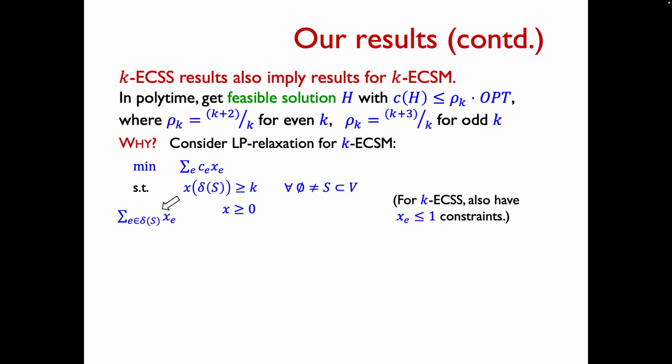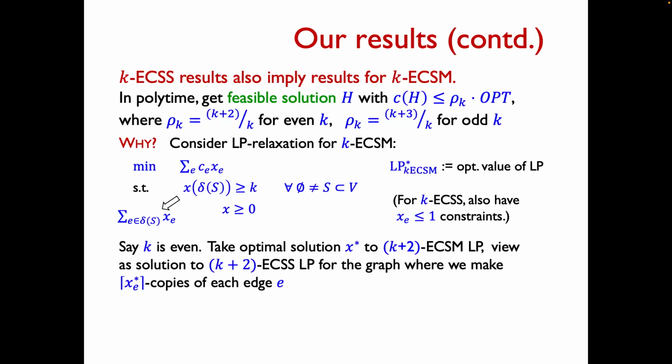Basically, you can write down the LP relaxation for the k-edge connected spanning multigraph problem. I have a variable x_e that tells me how many copies of an edge we are picking. I am allowed to pick an arbitrary number of copies, so there are no upper bound constraints. If I were in the edge connected spanning subgraph problem, I would include x_e at most 1. And these are just the cut constraints that say you have to have at least k edges, allowing for multiplicities, across every cut. So to get from the KECSS results to this problem, let's say LP star is the optimal value, and say k is even.